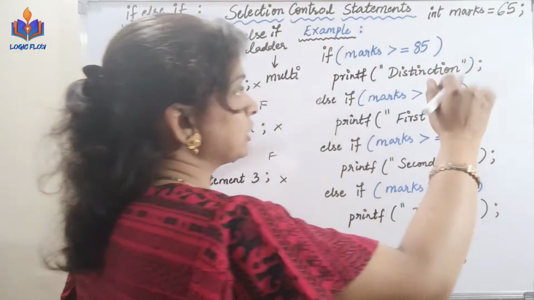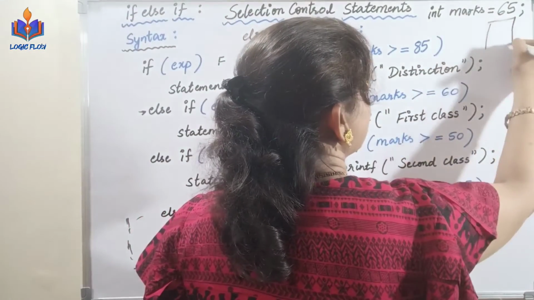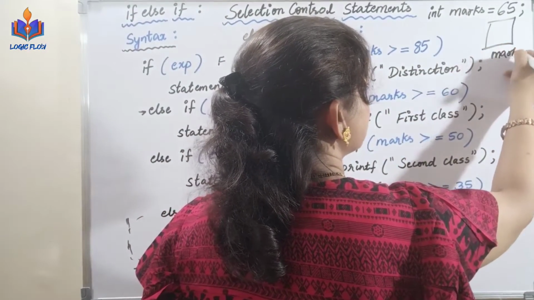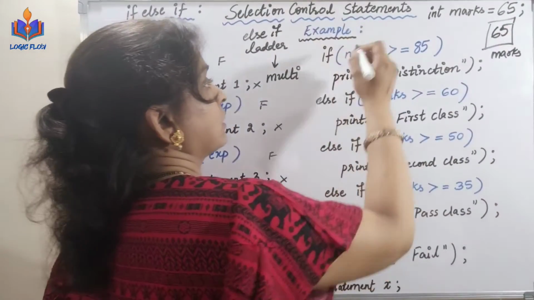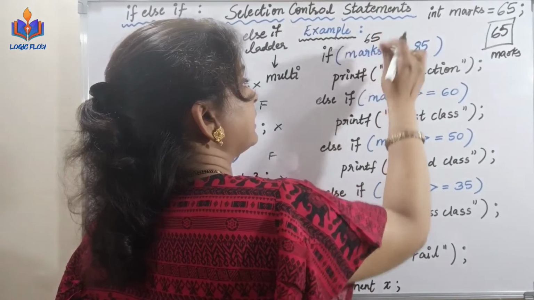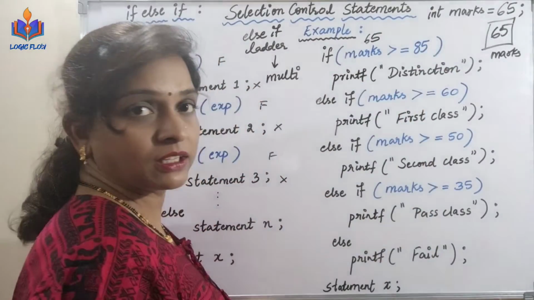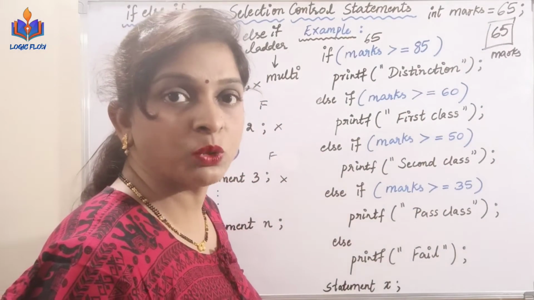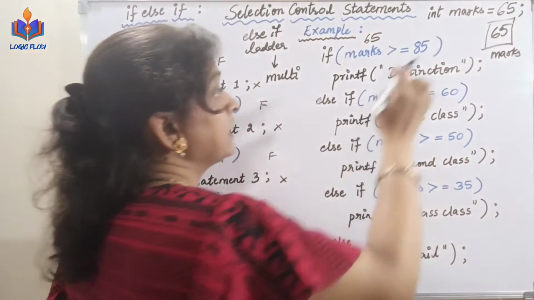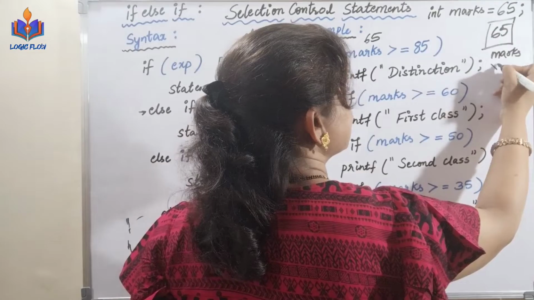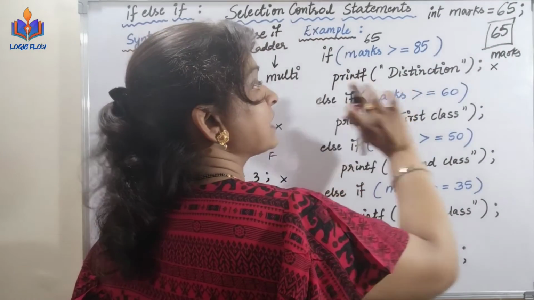So the value that I have stored in the variable marks is 65. Let us take this example first. Now check: is 65 greater than or equal to 85? No. Condition not satisfied. This immediate statement will not be executed. It gets skipped.